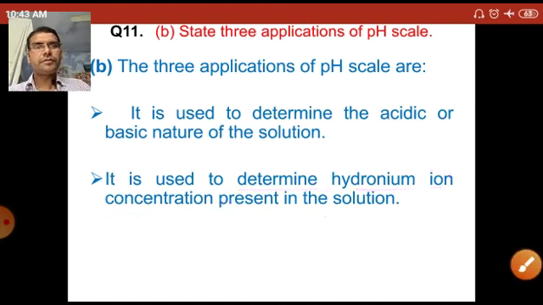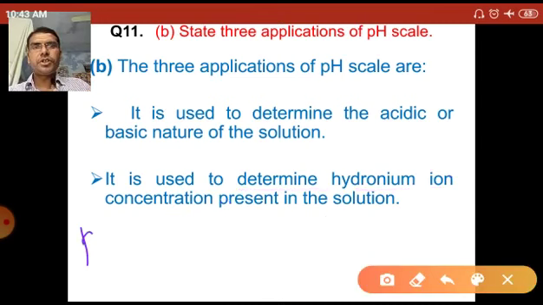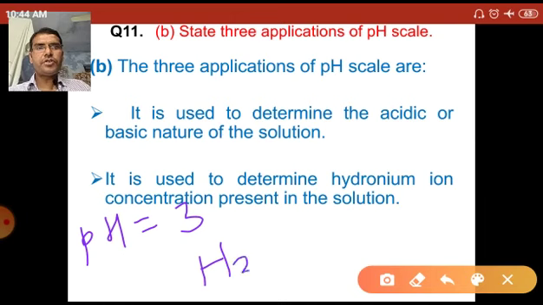If the pH equals 3, then the hydronium ion concentration H3O+ equals 10 to the power minus 3.